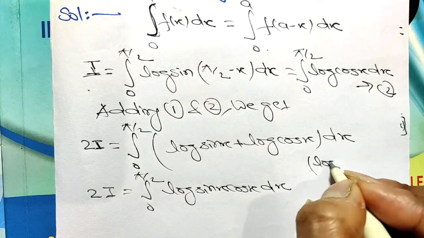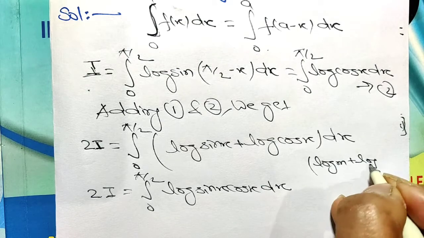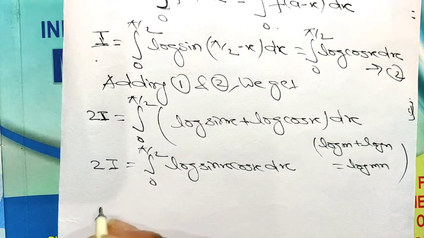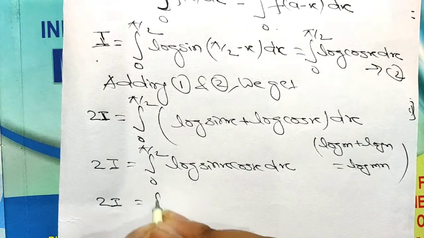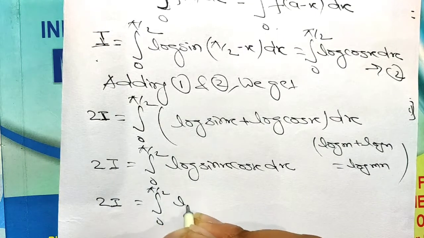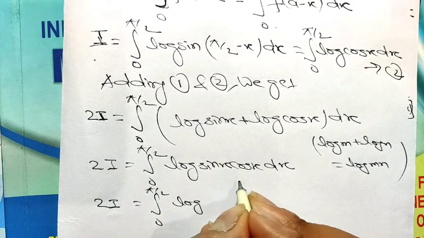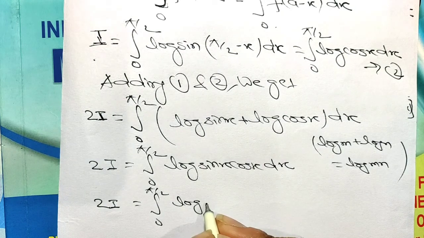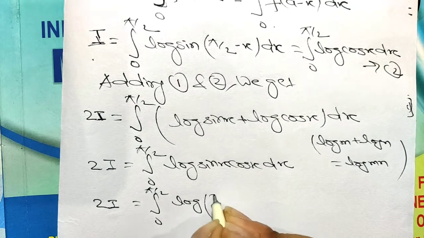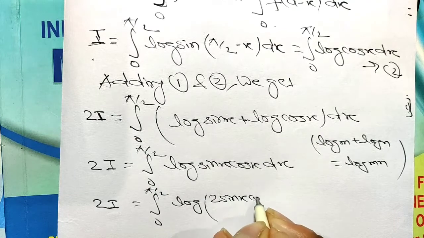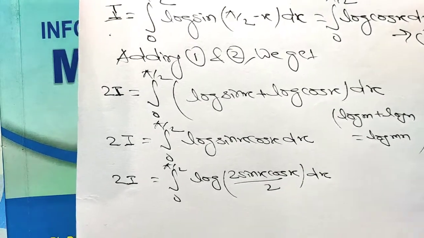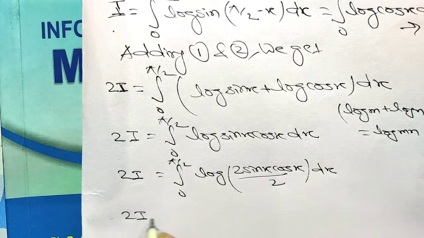I am going to write the property also, if you feel any difficulty. Now let's modify it a little bit. This can be written as 2 sin x cos x upon 2, to make our integration easier to solve.